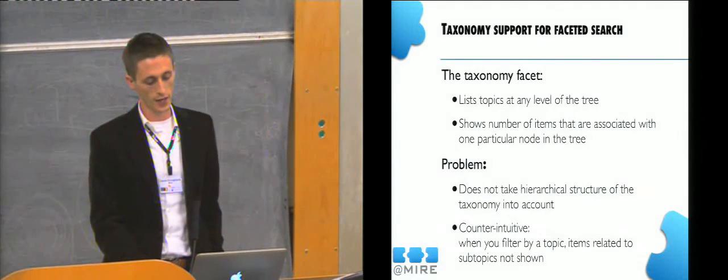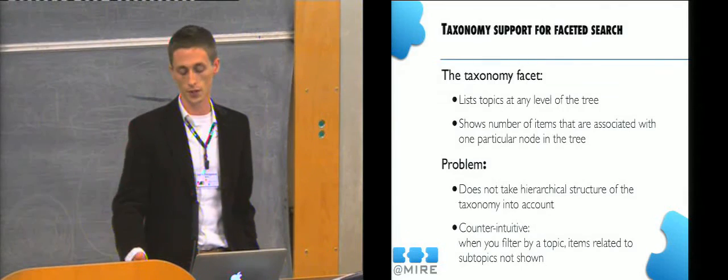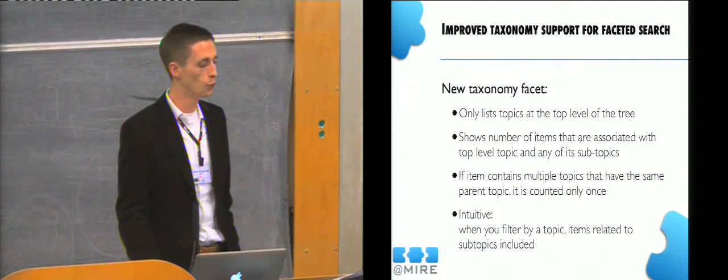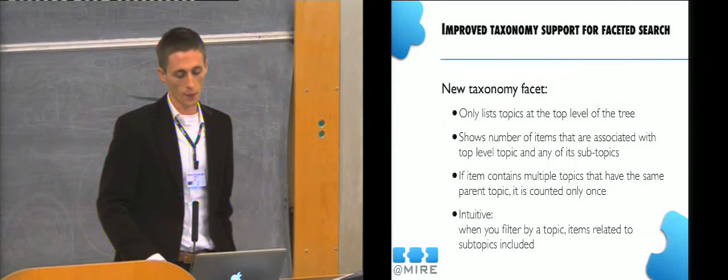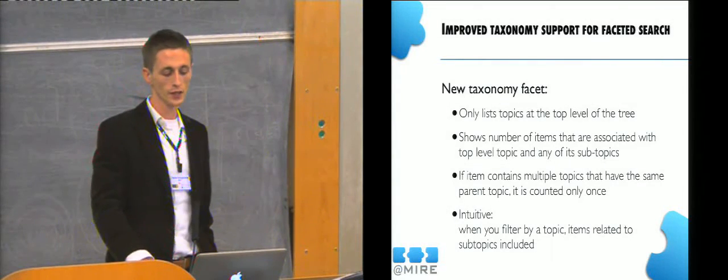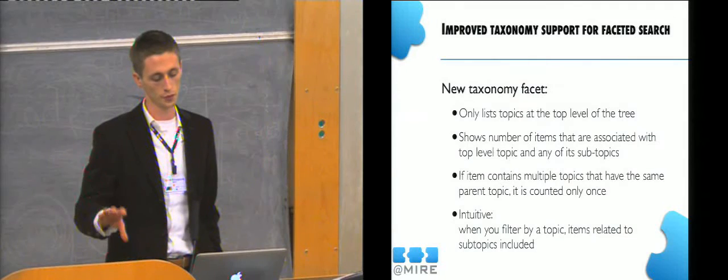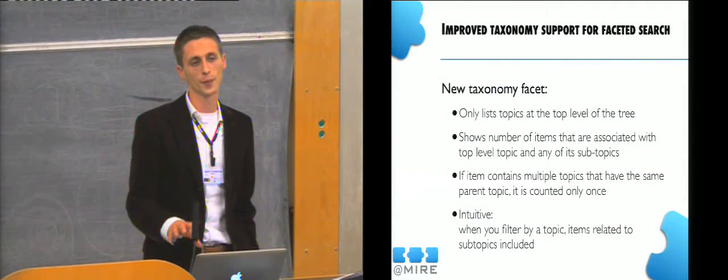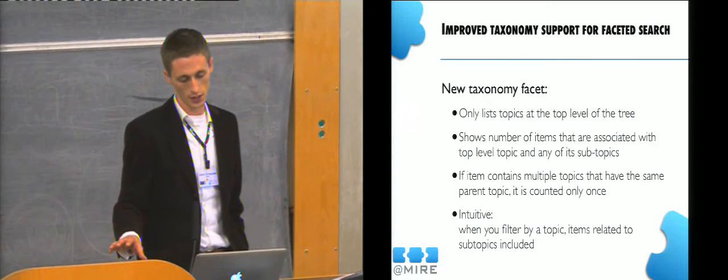When you filter by a topic, items related to subtopics are not shown. So what is the behavior that we would like to see? And this is something that is part of the next step, so we only list the topics at the top level of the tree. But we show the number of items that are associated with the top level topic and all of its subtopics.